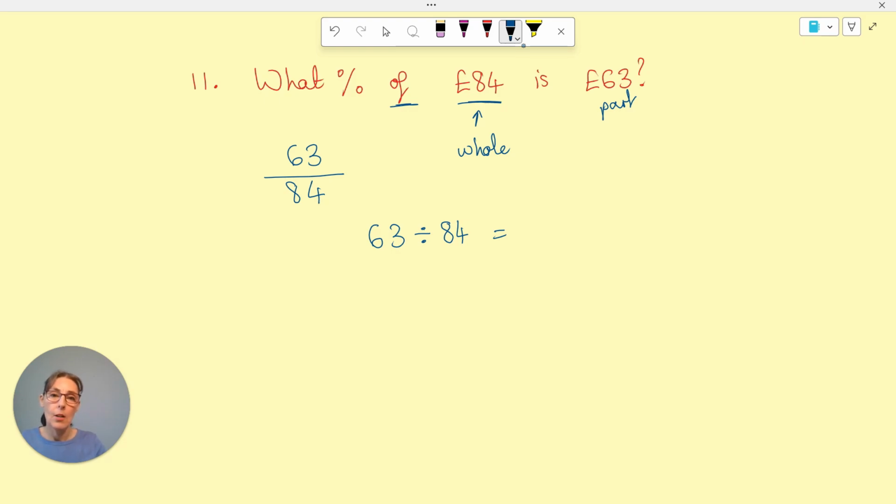Isn't that good? But it says what percentage. Now percentages are just 100 times a decimal. So we're just multiplying that by 100 and we've got 75%. Takes a bit of thinking about this one, but that's what it is.